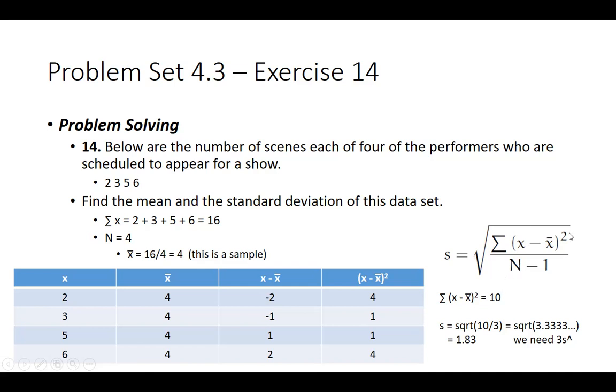So we need the square root of 10 over 3. 10 divided by 3 is 3.333333, and we need 3s. We need a lot of 3s to make sure that we come out to 1.83 when we take the square root. If you only have a few 3s, you're not going to get 1.83. But if you have a lot of 3s, you'll hit that number.